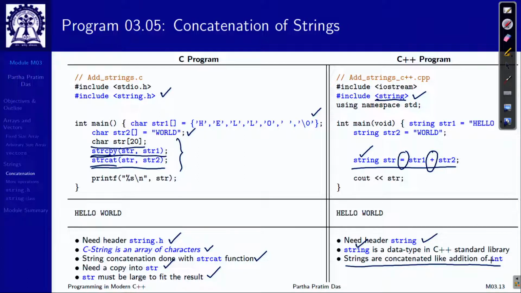So, it will be initialized with a proper size. Everything is taken care of in one line. Right. So, you can see, when you have programs where you will have to do a lot of string manipulation, how easy it becomes when you deal with the string type. Right. So, that is a big plus so far as C++ is concerned.